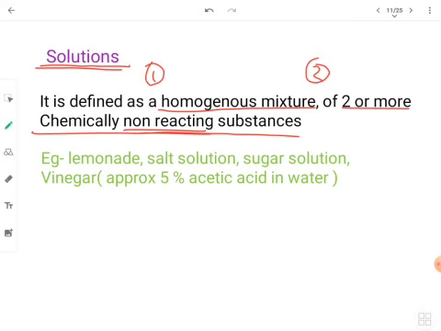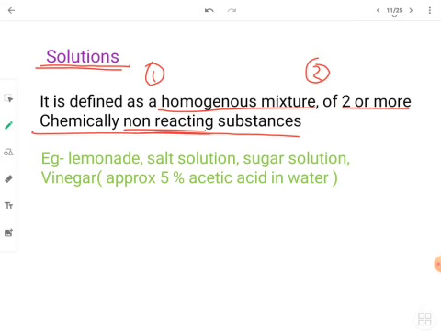So do not forget the basic points of mixtures: they are not reacting with each other, they can be mixed in any proportion, and they show the properties of their respective constituents. Whatever things it is made from, it will show their properties.